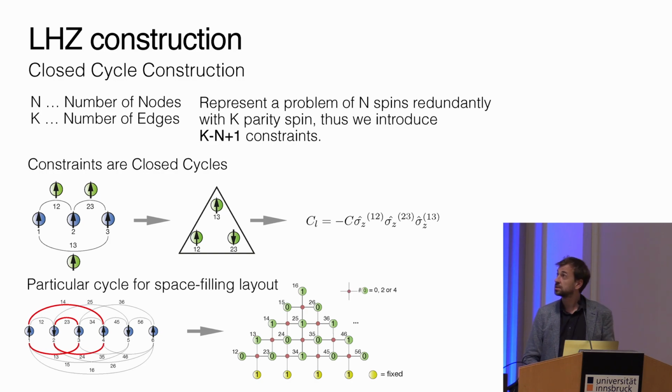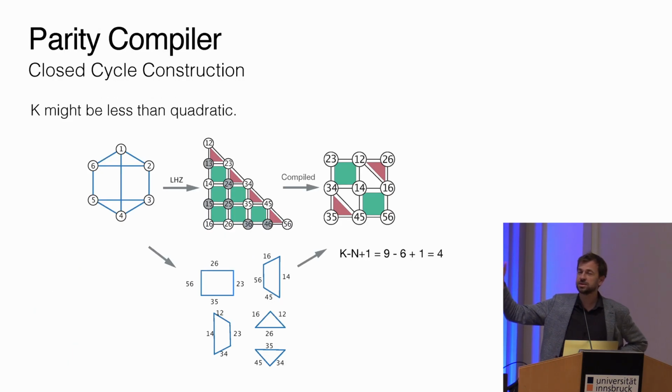Now, this has been introduced in 2015, and many people complained about the overhead. So this has a quadratic overhead, which is actually the minimum that you can have. However, if you have a problem which is not all connected, but there are some missing edges, you want to remove them, right?